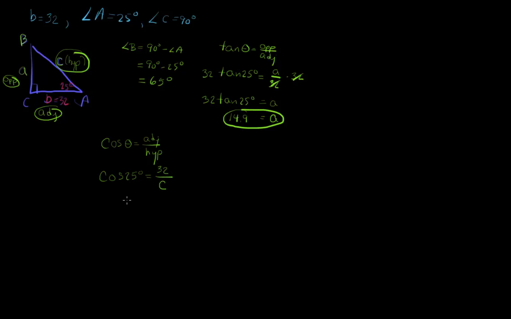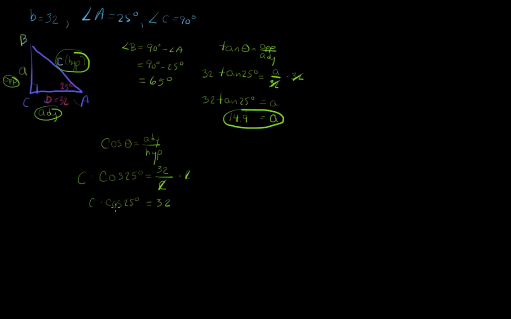Now, again, we'll use our algebraic solving techniques in order to solve for C. C is in our denominator, so we first off want to get it out of the denominator, in which case we multiply by C on both sides. That would give us C times the cosine of 25 degrees equals 32.